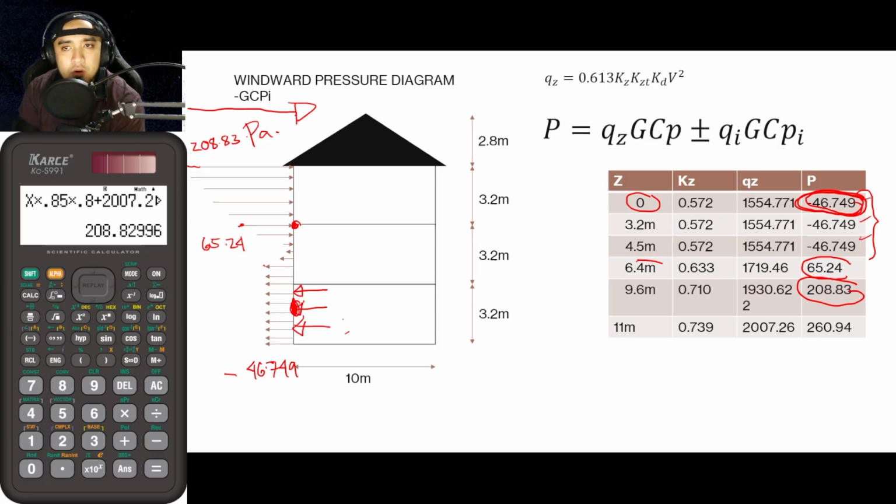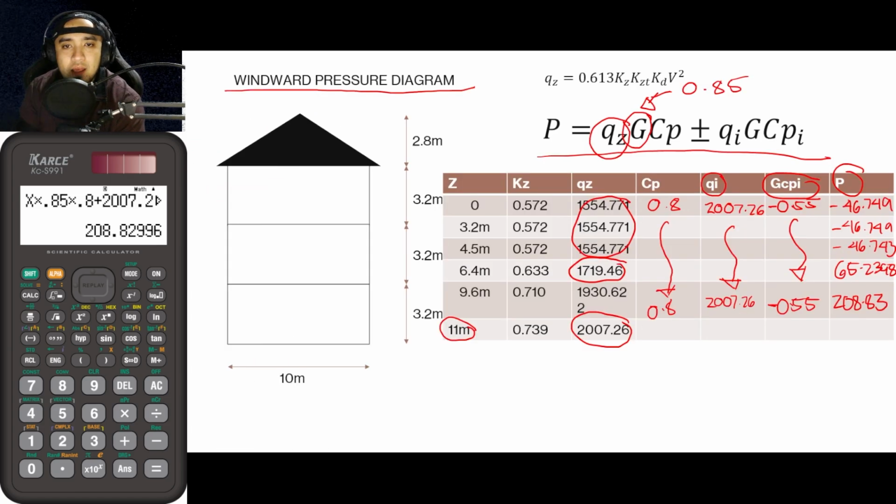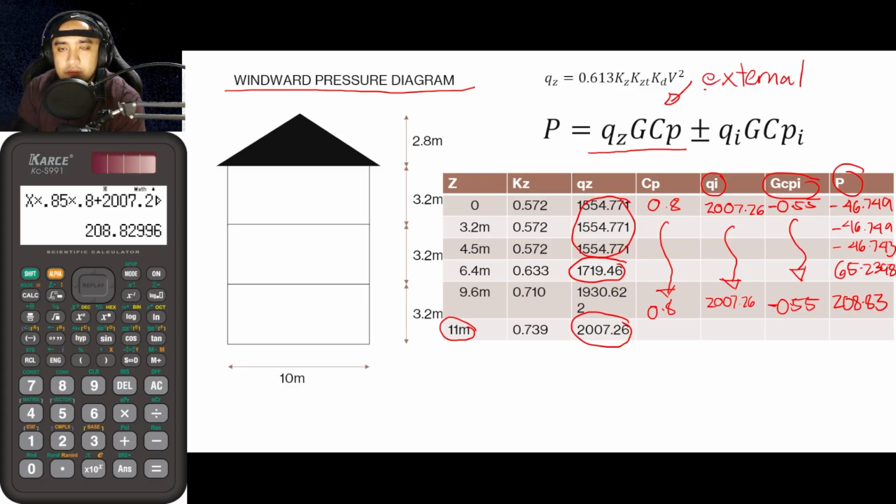Okay? So what happened here is that, for this particular equation, here for QZ times GCP, this is the external pressure. Okay? So if that is the external pressure, this is this pressure.